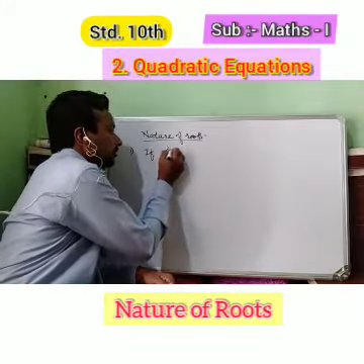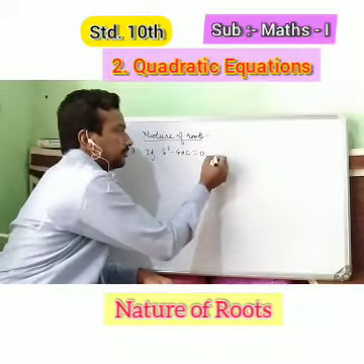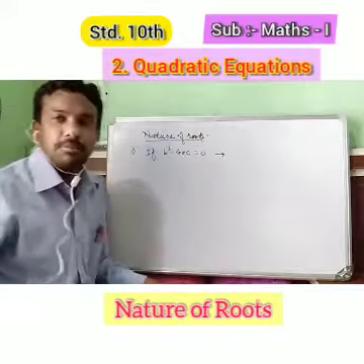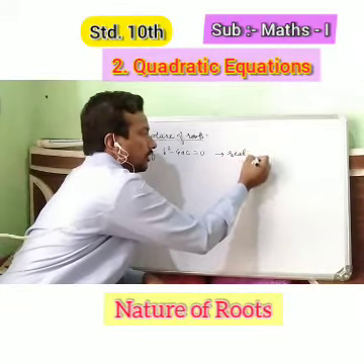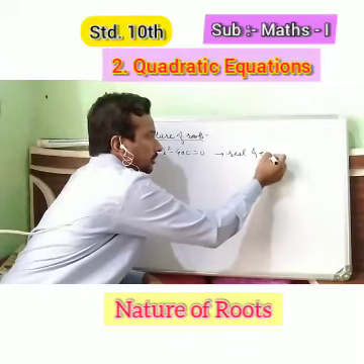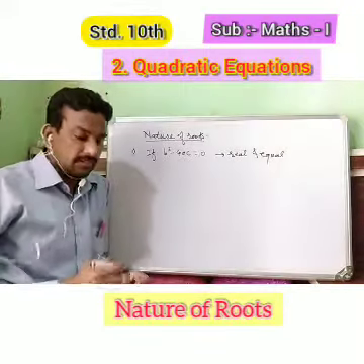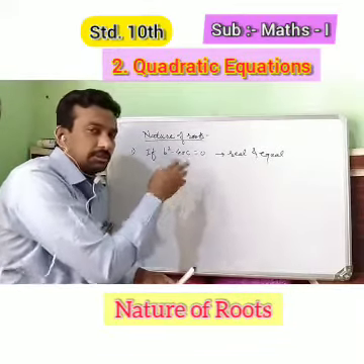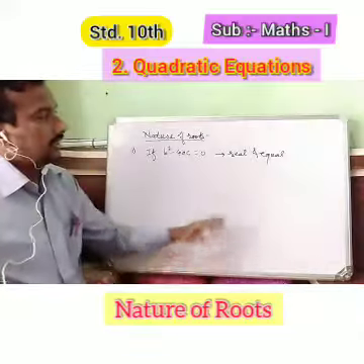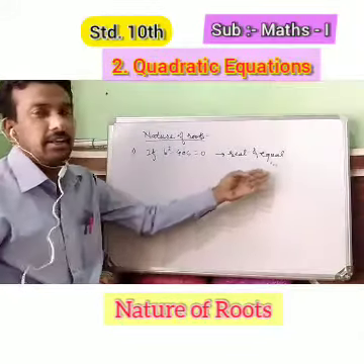If b square minus 4ac is equal to 0, then the nature of roots is real and equal. If b square minus 4ac is equal to 0, then the solution of the quadratic equation is real and equal.